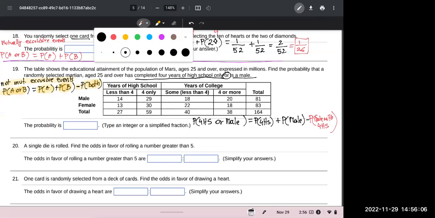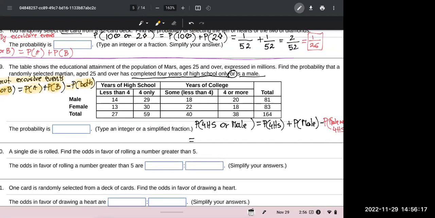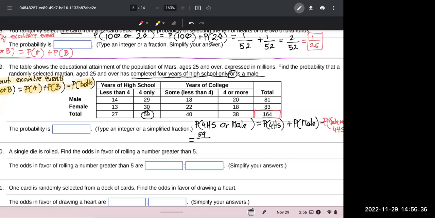Okay. So let's continue. Probability that we're selecting somebody who completed 4 years of high school. So 4 years of high school, okay, it doesn't matter what gender, we have 59 millions over the total. The total, like I mentioned to you guys, when the table is given, it's always the last number in the corner.